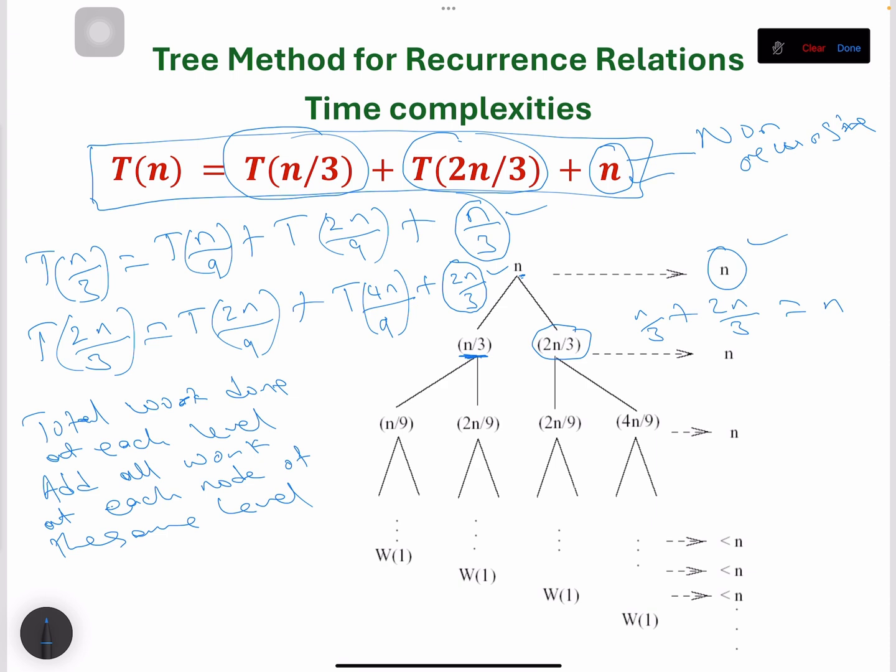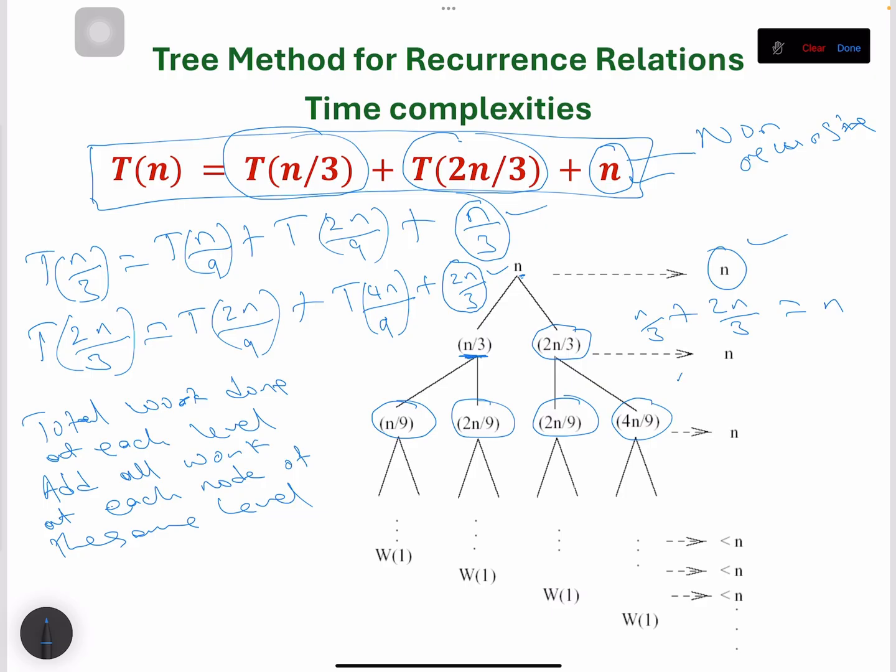Now I have n. Now, if you pass n by 3 as input, again, you will see what the work done will look like, and that's what you get here. So what will happen is you would add all this together to see what the result will be.